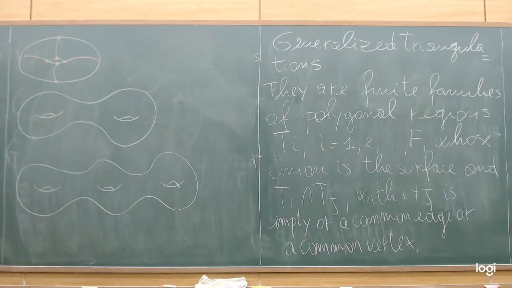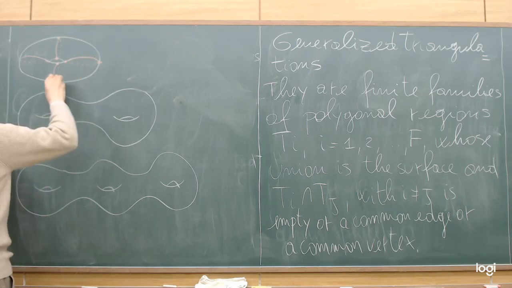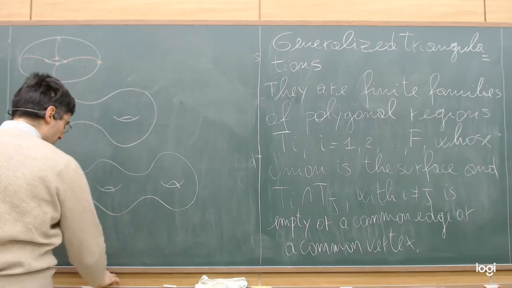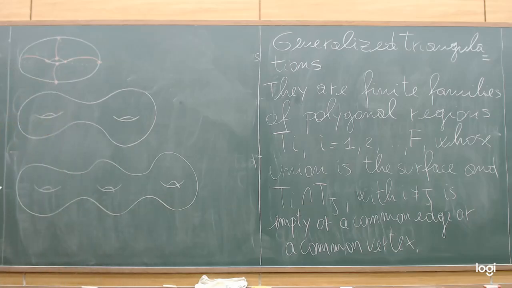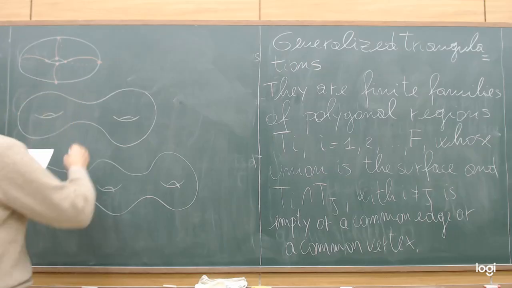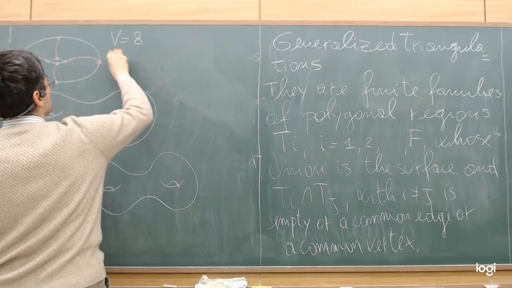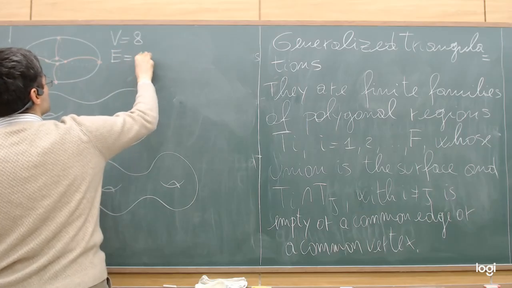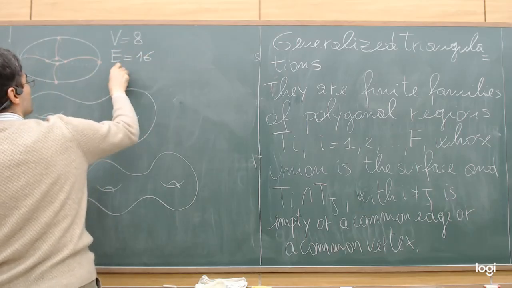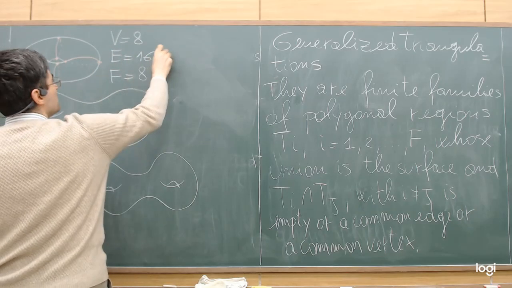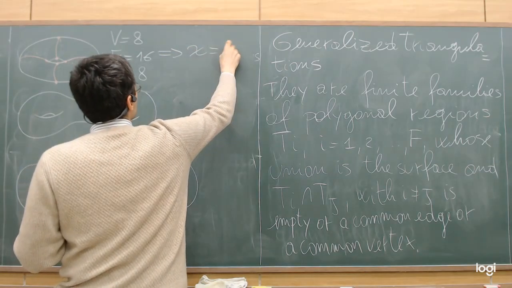Essentially, here we are using polygons and no triangle. And here you have that the number of vertices is 8, the number of edges is 16, the number of faces is 8. This implies that chi is equal to 0.